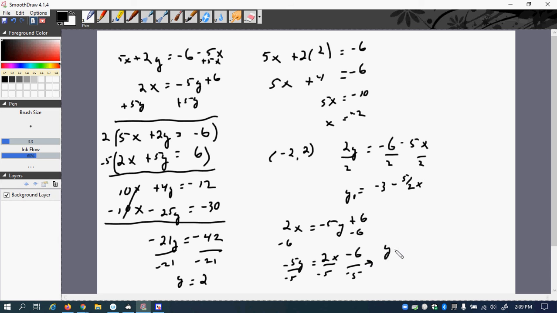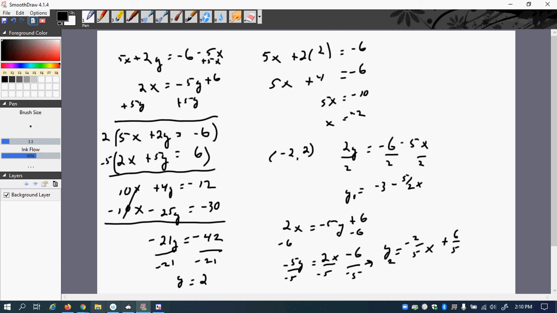And so now I'm going to get y equal to negative 2/5 x, and then this is plus 6/5. Is that right? Let's see that. Okay, yeah, that's right. So I divide by negative 5. Okay, so here's my second equation.